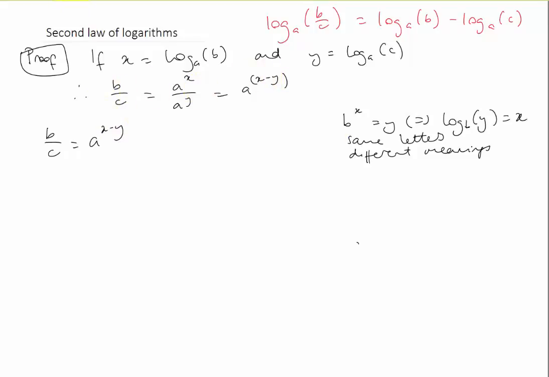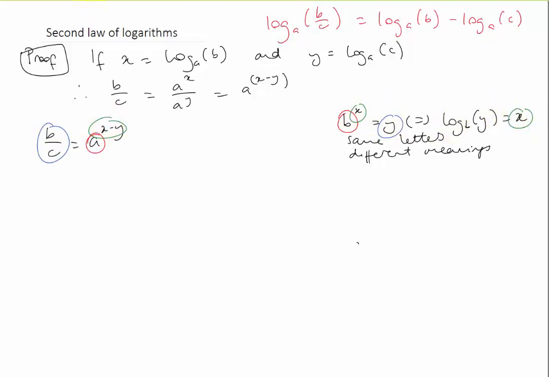And so that is the same as, here our base is the a here, and then what we call y here, that's b over c, and here our exponent is x minus y instead of x.